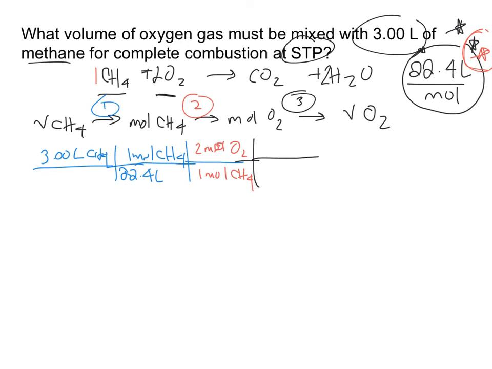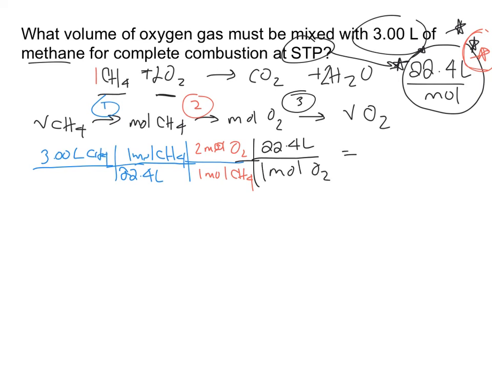If I want to go from moles of O2 into volume of O2, I could use PV equals nRT, or because I'm at STP, I can use this nice handy relationship here. There are 22.4 liters for every 1 mole of O2.